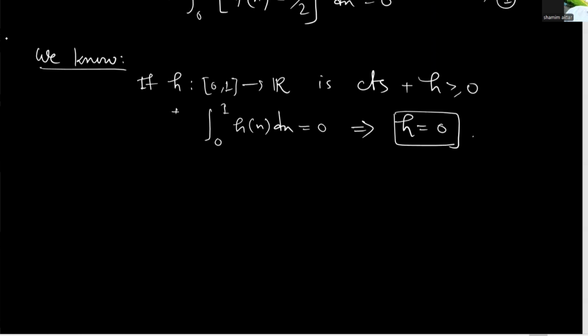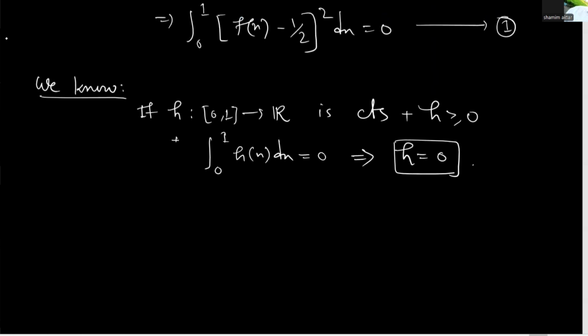So using this result, we have from 1 that (f(x) - 1/2) whole square is equal to 0, because this is greater than or equal to 0 and is also a continuous function.